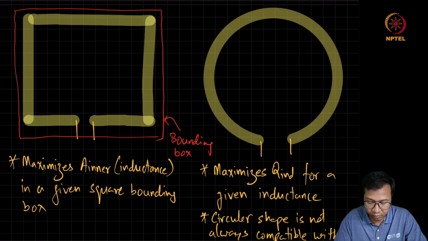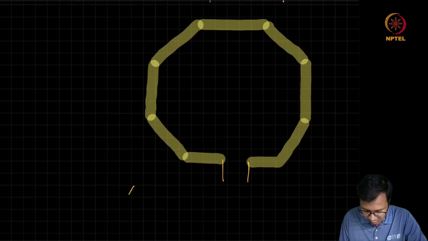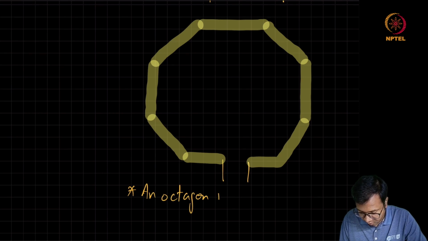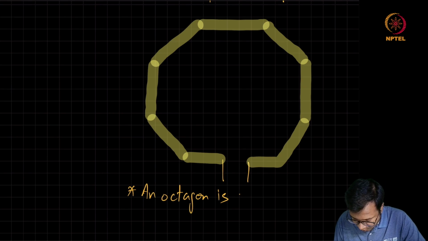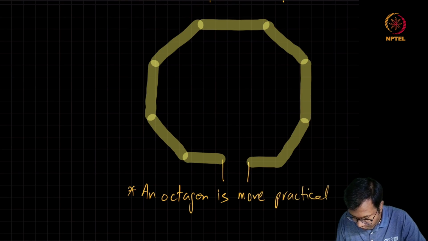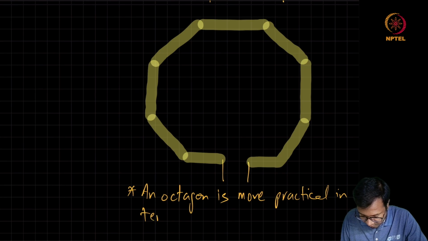So it is close to circular but not circular. Octagon shape is more practical in terms of fabrication.